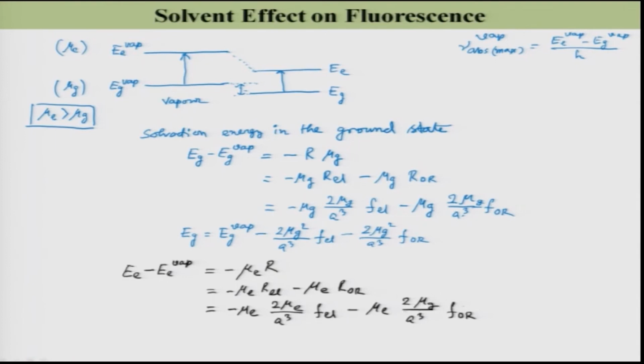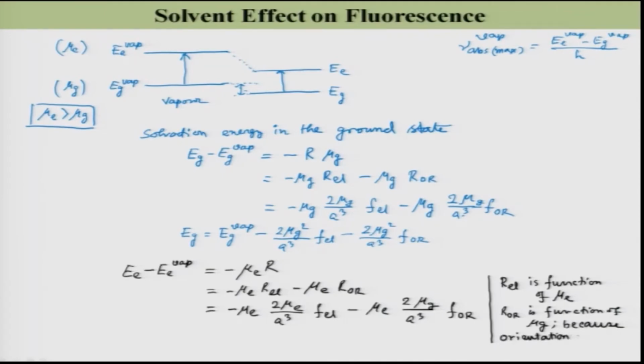So, in this case R_EL is a function of mu E, but R_OR is a function of mu g, because orientational polarization is slow, right.